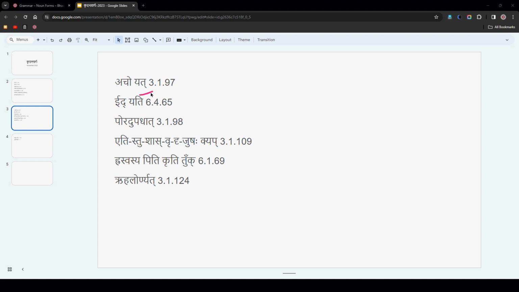Look at yat: in a similar sense, kyap pratyaya is also specified for certain dhatus. Which dhatus? The list is given here in the sutra: eti stu shas ru dru jush. These are the dhatus.